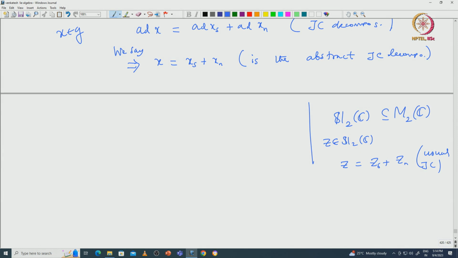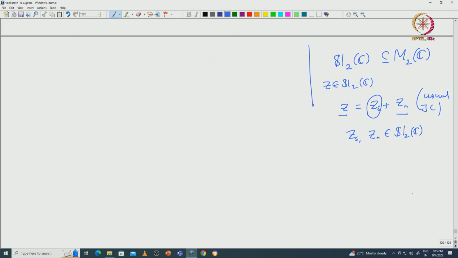So, this makes sense because the trace of Z being 0 implies that the trace of Zs is also 0, because the trace of any nilpotent operator is 0. So, that implies that both Zs and Zn are elements of this SL2C.